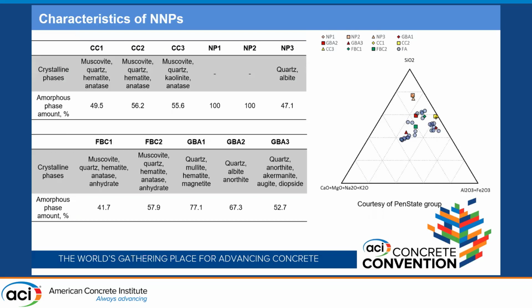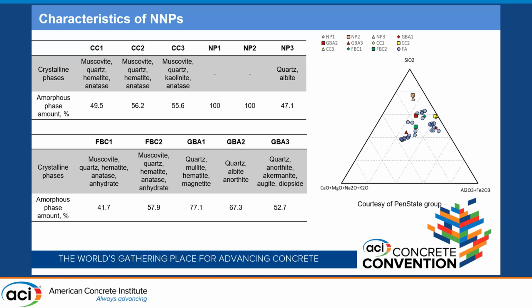Before I jump into my experimental part and results, I'd like to introduce some brief information about the composition and the reactivity of the materials that we are using. Overall, we are using 11 materials, which are categorized in 4 types: the calcined clays, CCs; natural Pozzolans, NPs; fluidized bed ashes, FBCs; and ground bottom ashes, GBAs.